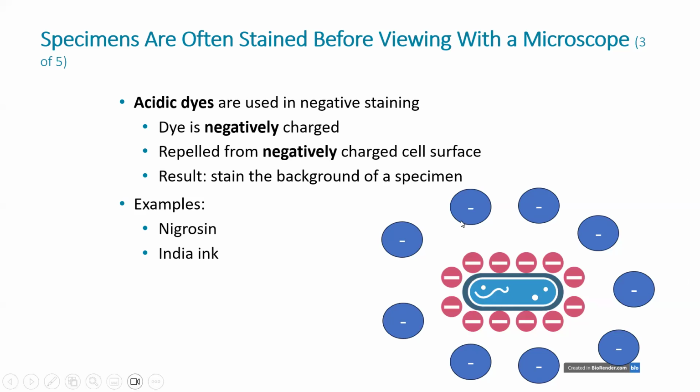Instead of binding to each other, you're going to have this repulsion, and they're going to have a gap between the color and the cell. So in this case, what you're actually doing is staining the background, right? You're staining the negative space. Some examples here are nigrosin or India ink.